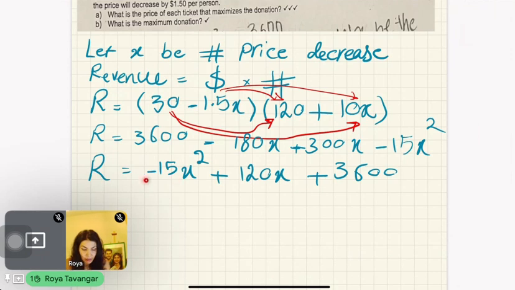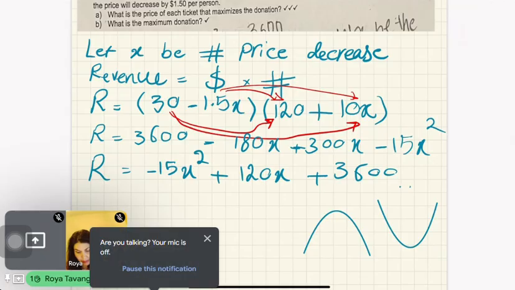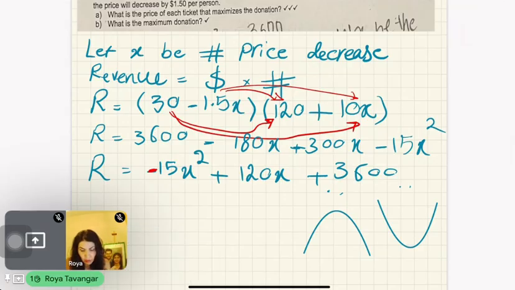And we know that this is concave down, because a parabola can be either like a sad face or a happy face. But because a is negative, our parabola is going to be like a sad face, not this one.